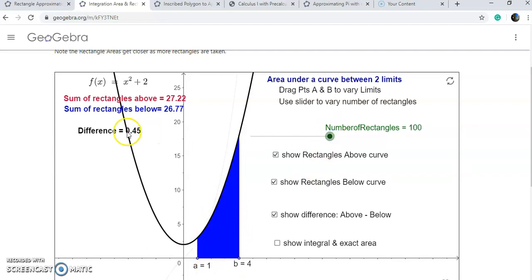Now the difference is only 0.445, and with the rectangles that are above is 27.22, and the rectangles that are below is 26.77. That means the real value is between those numbers. It will be a good decimal, and later we will find that value.